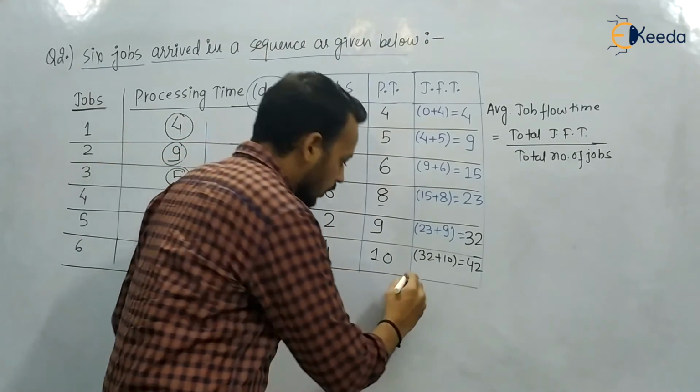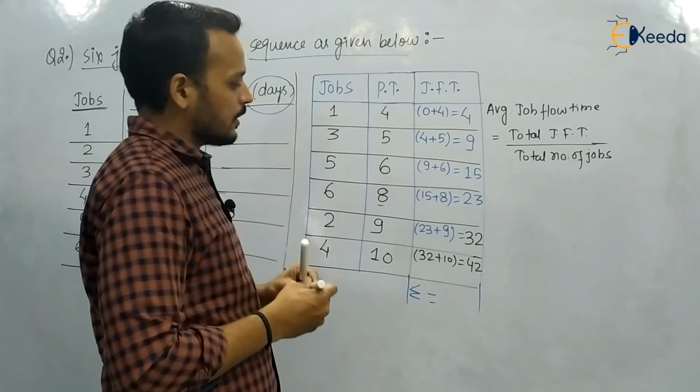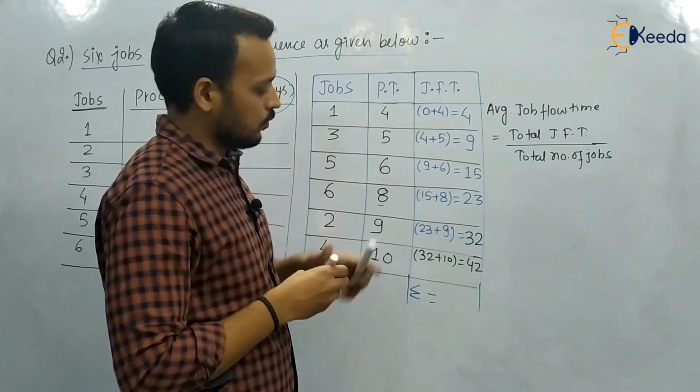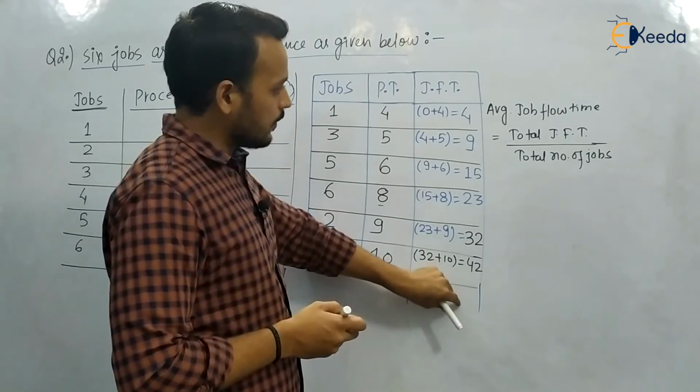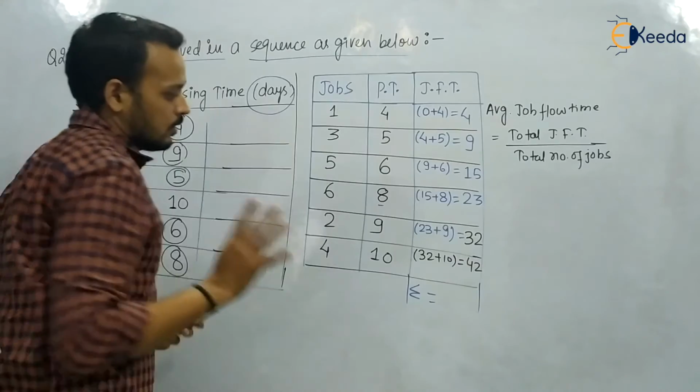The total job flow time is going to be the summation of 42, 32, 23, 15, 9 and 4. So this will give us the total job flow time.